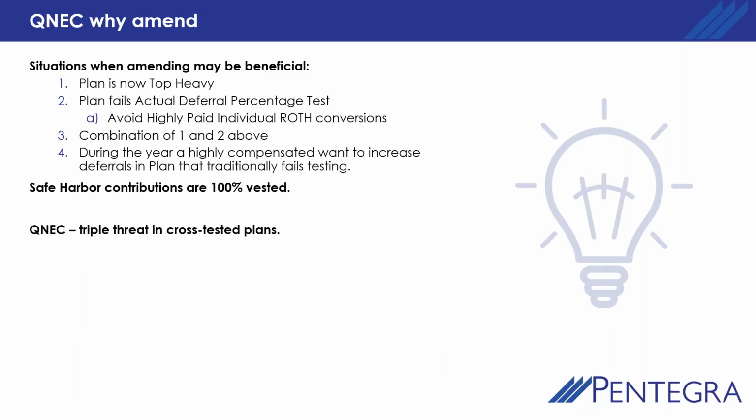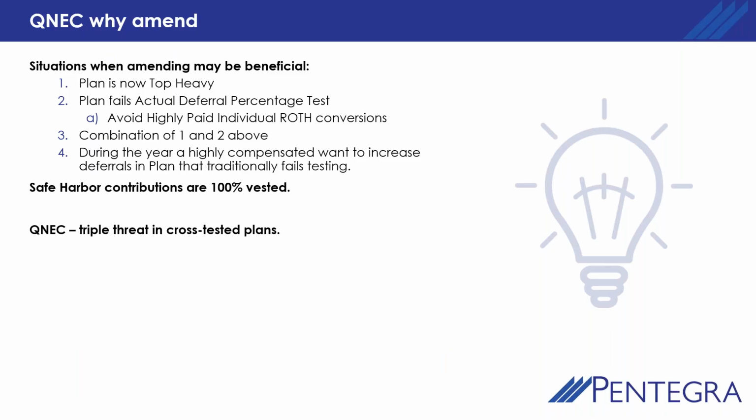This may also be very impactful when we get into the 2027 plan year, where you have highly paid individuals that failed the ADP, ACP test, and they're now required to have that recharacterization to Roth, and maybe the clients don't want to do that. So they can amend to that safe harbor plan.